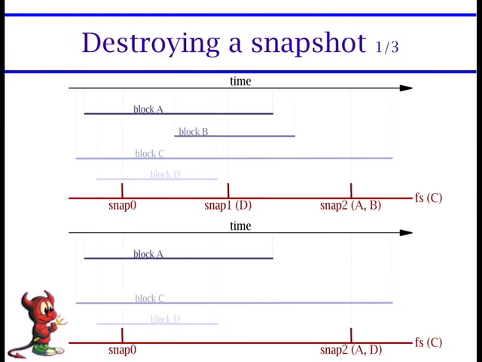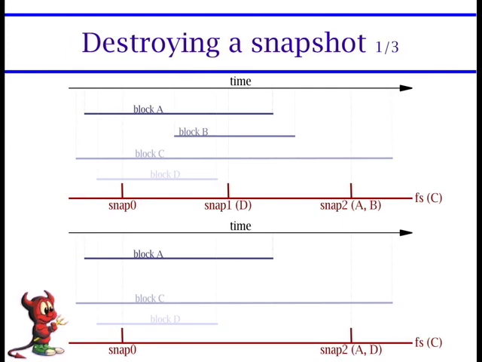Snapshot 0, 1, and 2. And this is basically how you free the blocks in snapshots. If you look at block B, it is only referenced by snapshot 1, but it isn't referenced by any reference counter. It's only referenced by using birth time.